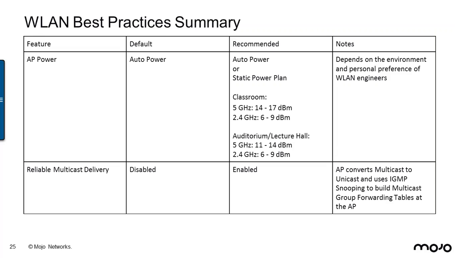We're going to want to get that multicast traffic to the AP, and once it gets to the AP, we will convert it to unicast and transmit it as unicast to the individual Wi-Fi clients that have tuned in to that particular channel. So you want to enable that most likely in campus environments.